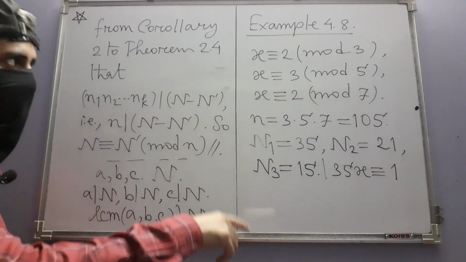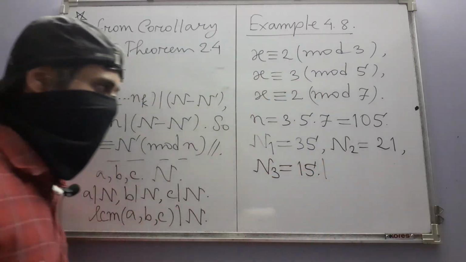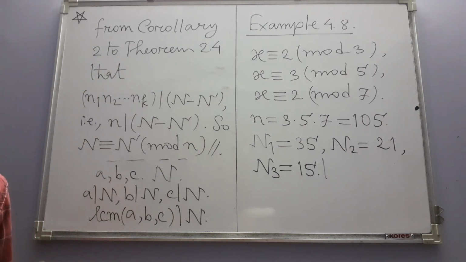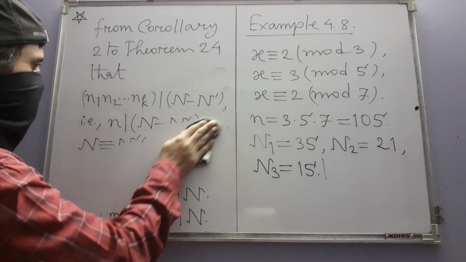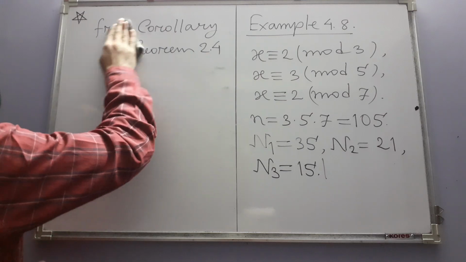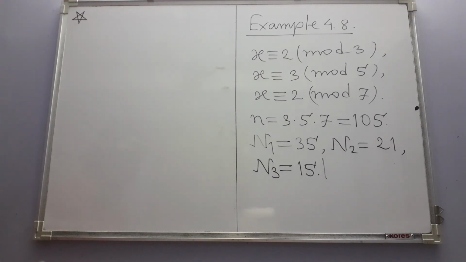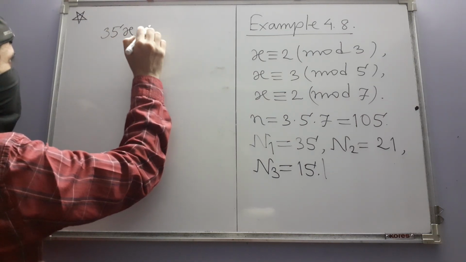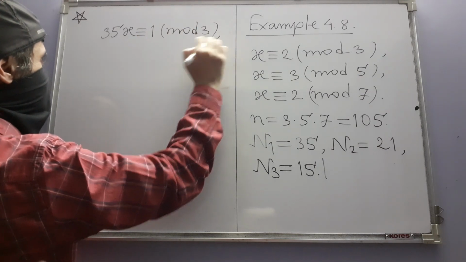Yeah, perhaps I should write these congruences like that, as an equation array there on that side. 35x is congruent to 1 modulo 3.